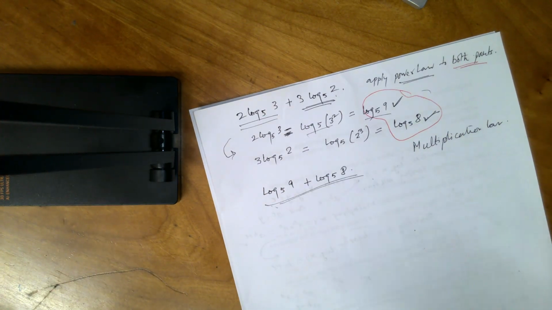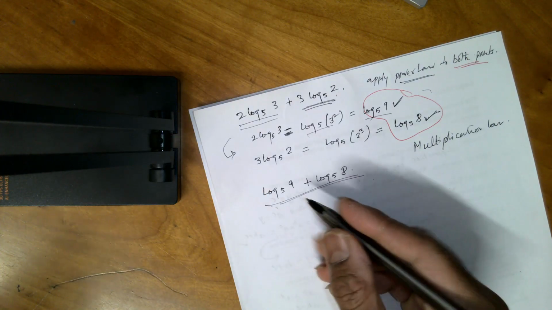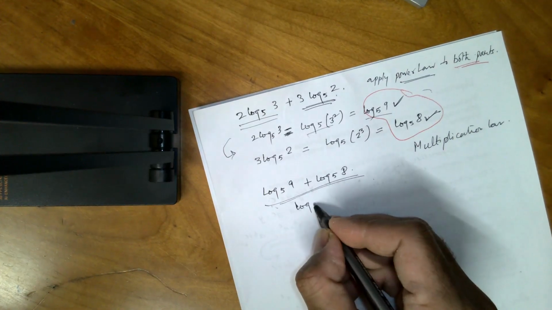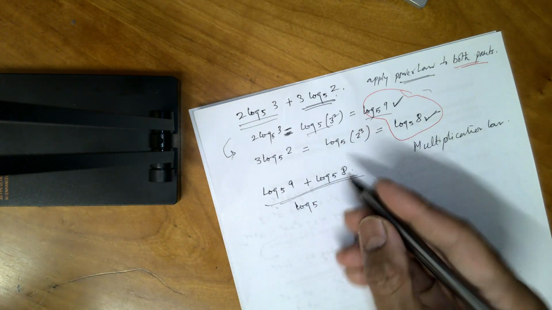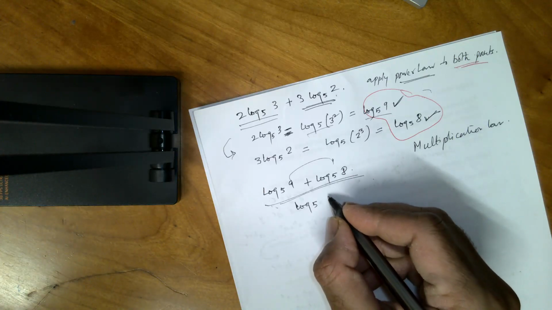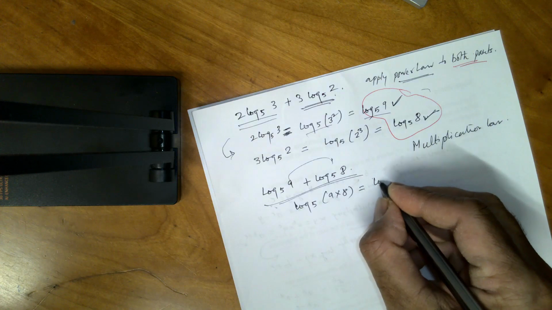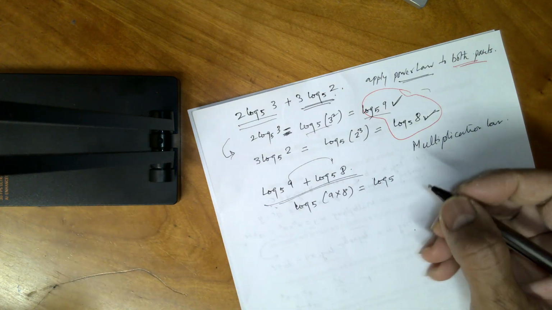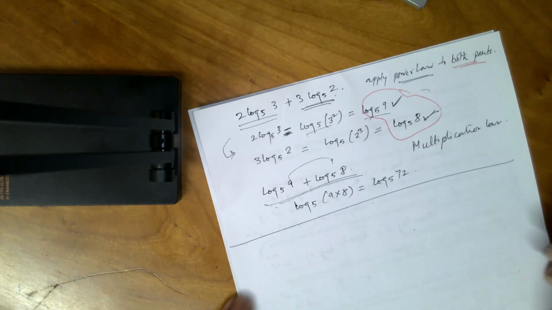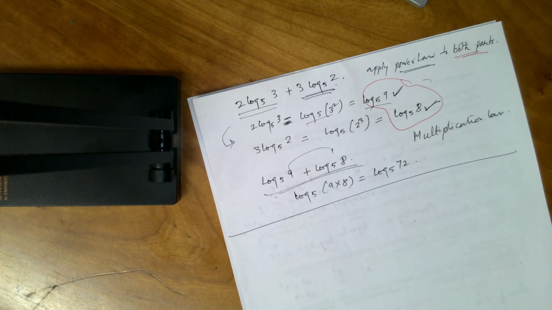Now you do the multiplication law here. So you write down logarithm base 5, and then you multiply 9 with 8. That gives you 72. That's your answer.